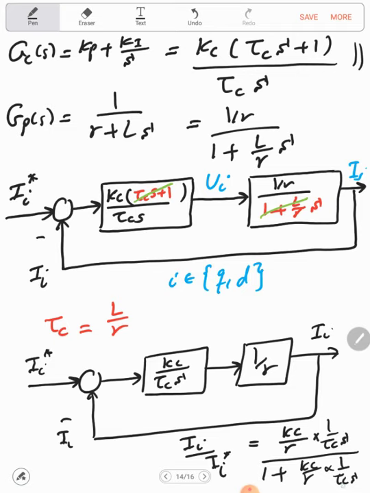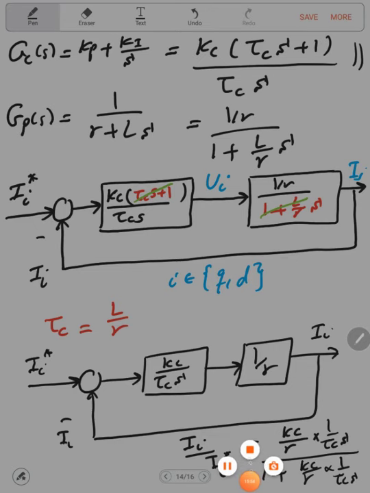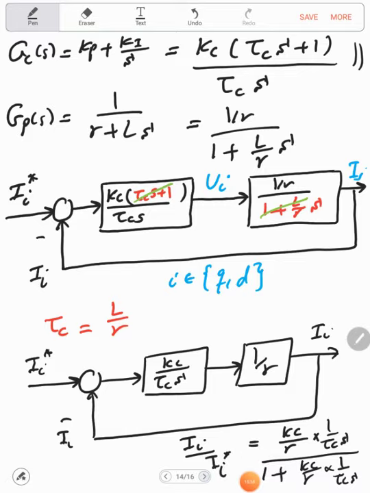So now if we need to simplify it, so let's write it here.